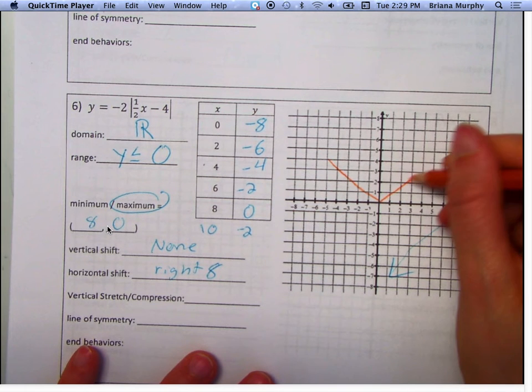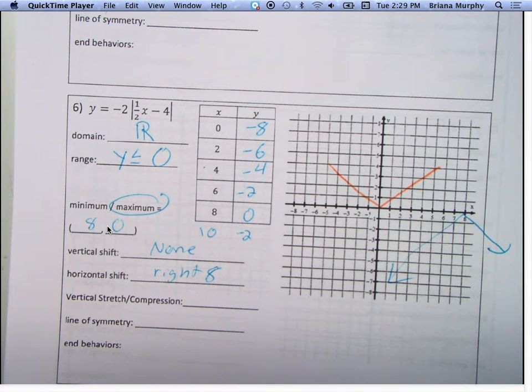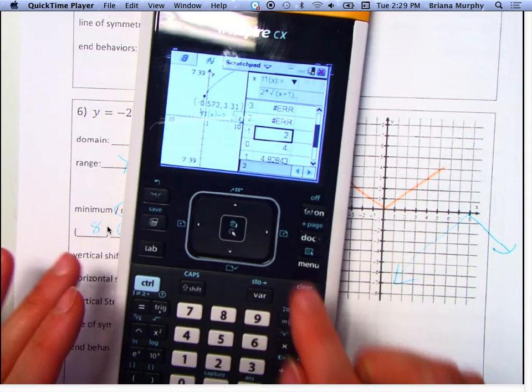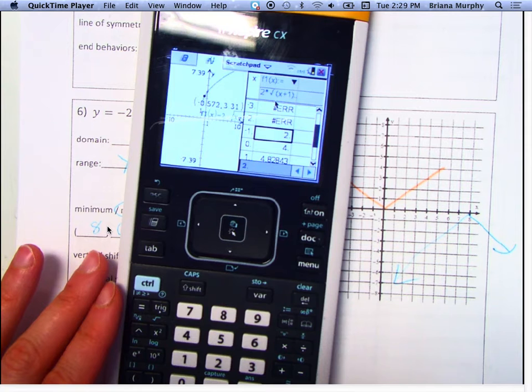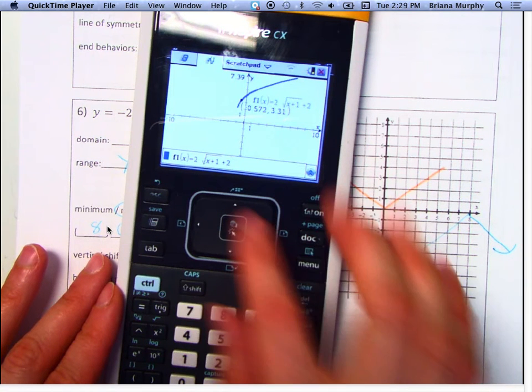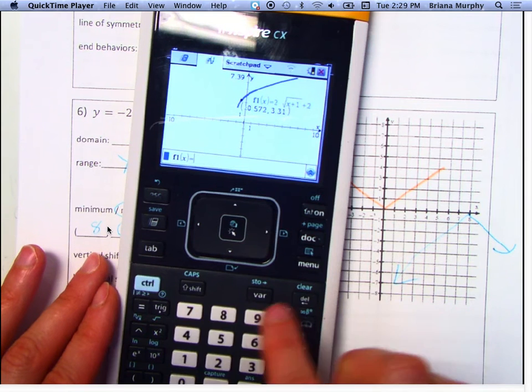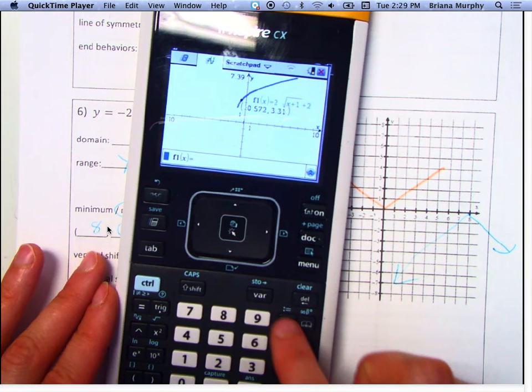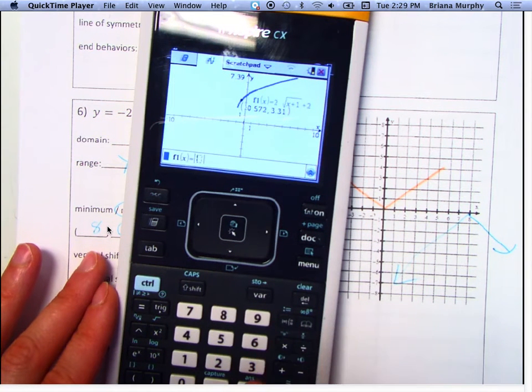Now let's look at it. This is the absolute value of x. Maybe we should put this in our calculator so we can see the difference. In my calculator, I'm going to hit the absolute value of x.